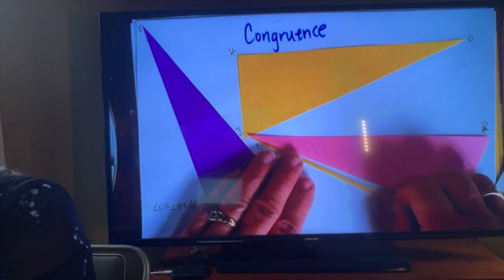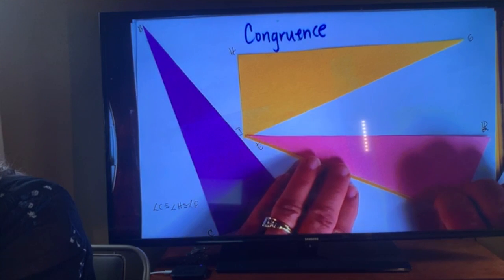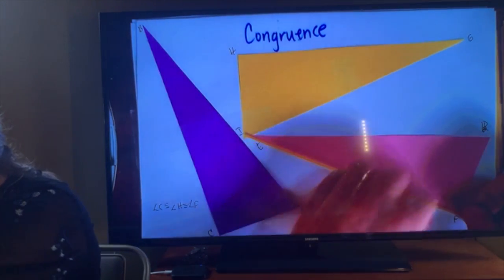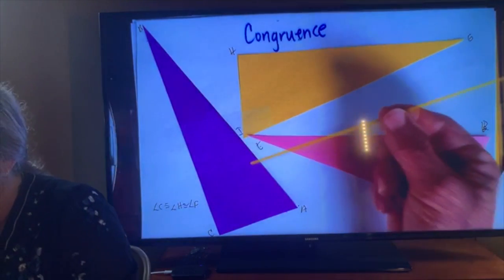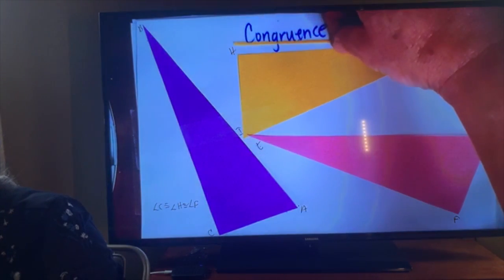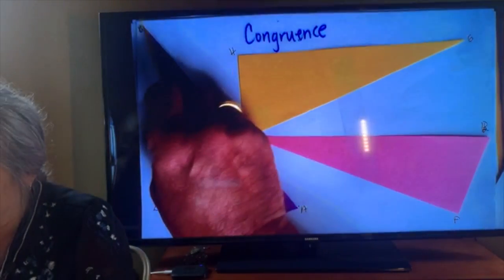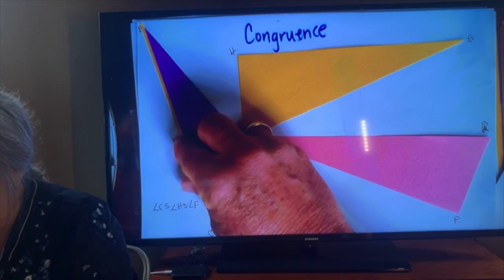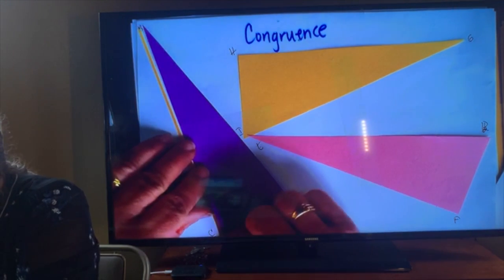Well, let's look at the next one. We could look at this one right here. I'm going to lay that down, make sure it's right against your figure. And there we have this side. So then we can go back to here. Same in here. Now remember, this is an experiment, so it looks like there's a little smidge of human error on this one.